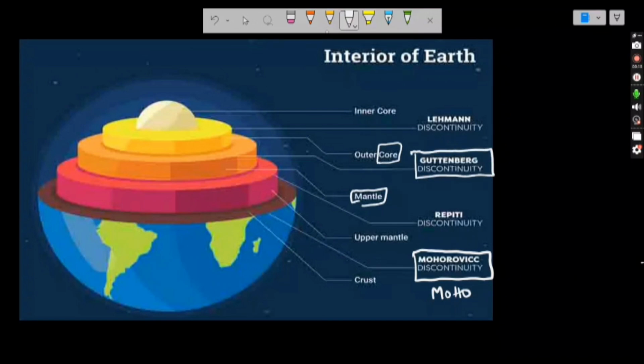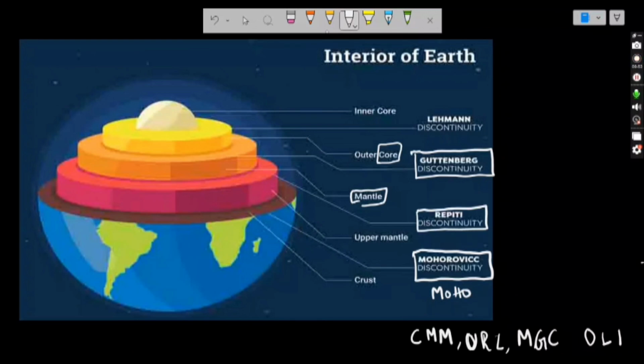So we can remember: crust and mantle, Moho discontinuity; mantle and core, Gutenberg discontinuity. Between outer core and inner core, we have the Lehmann discontinuity. And between upper mantle and lower mantle, we have the Repti discontinuity.